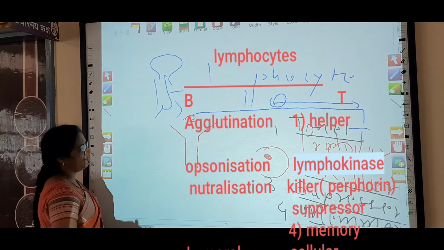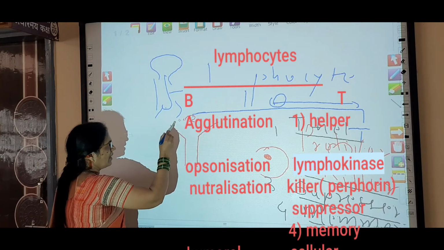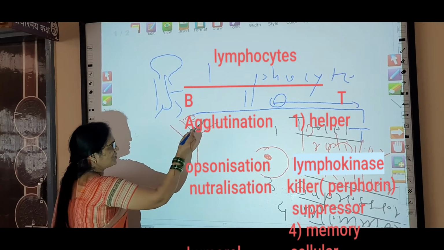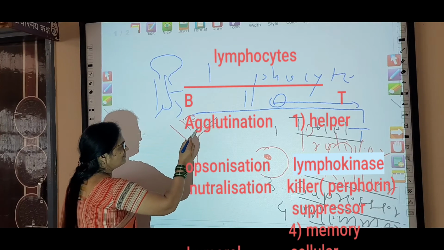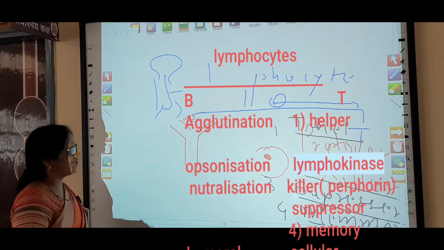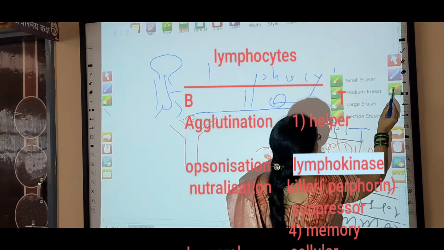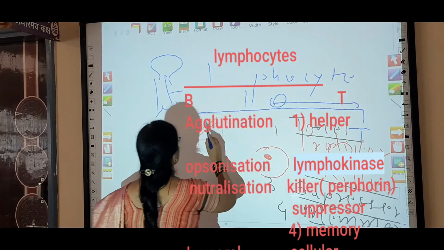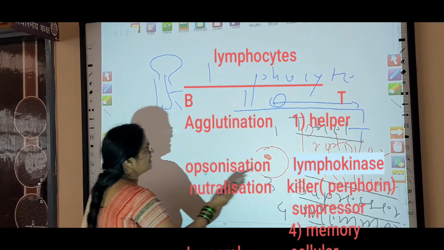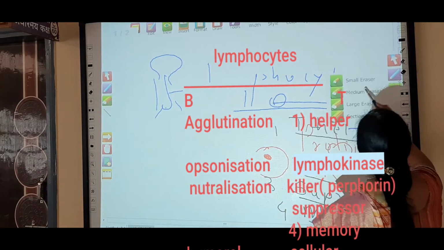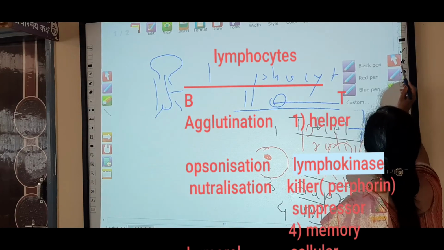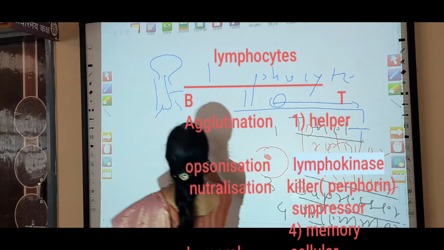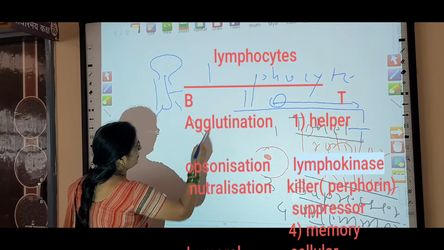You know the structure of antibody? This is the structure of antibody, a Y-shaped structure. Y-shaped antibodies are produced here.